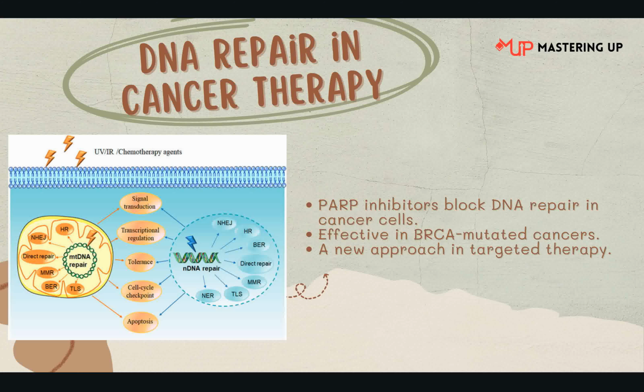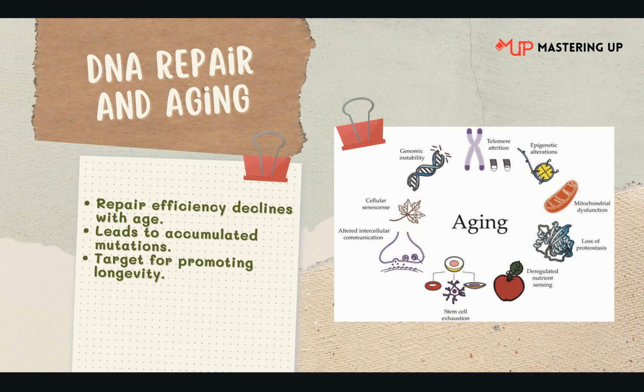This approach is effective against tumors with existing repair defects, such as BRCA-mutated cancers, which is for breast cancer actually. So this is how DNA repair is used in cancer therapy.